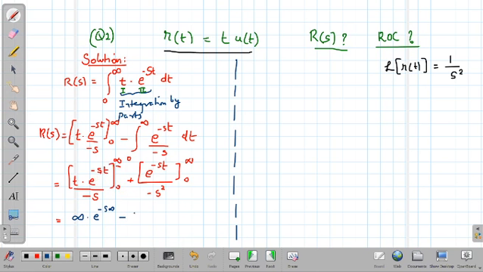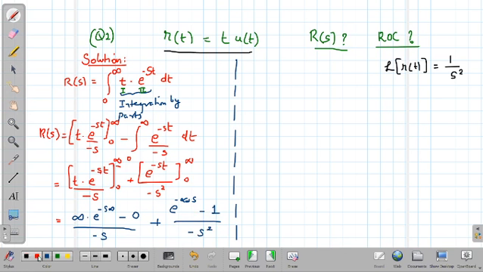So it is minus 0, the whole divided by minus s, plus the second term: e^(-s infinity) minus e^0, which is 1, divided by minus s squared.